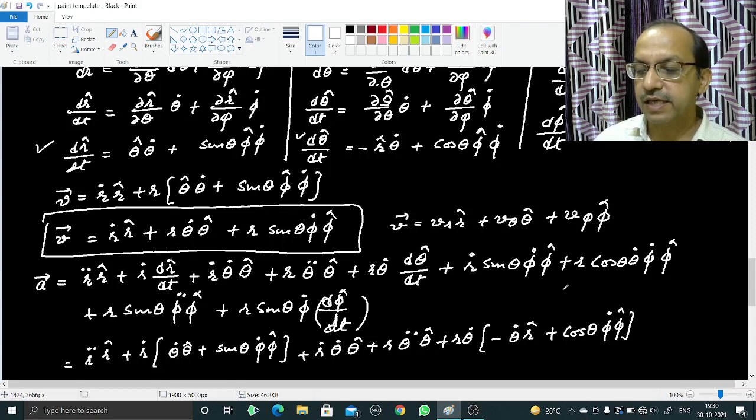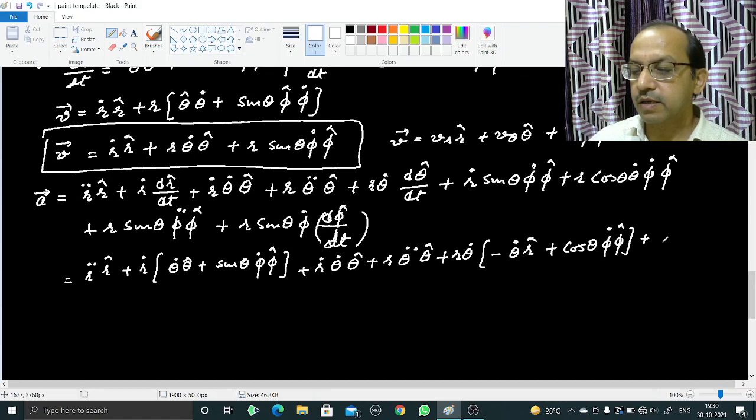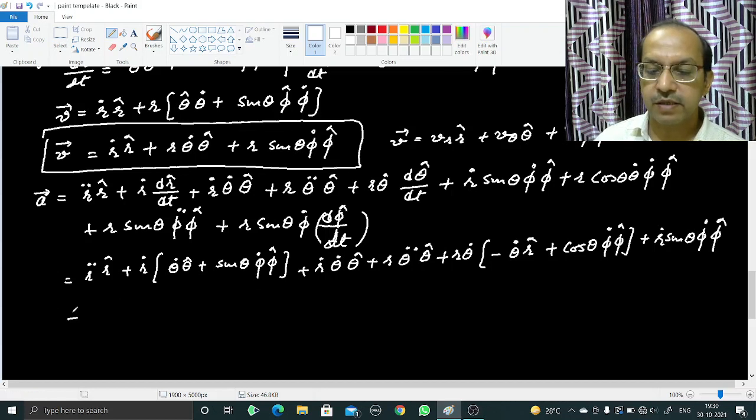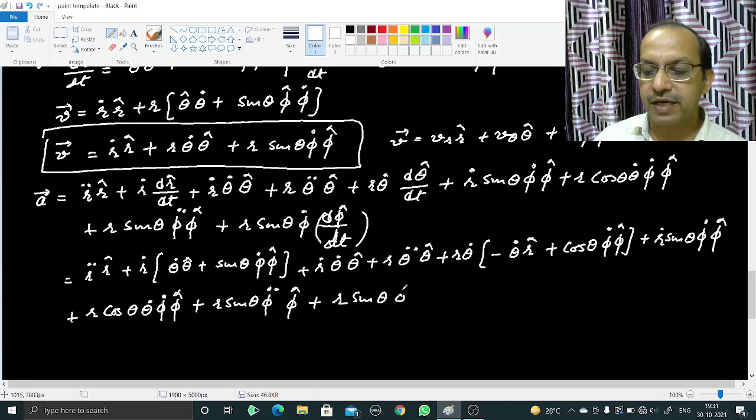The next term is r dot sin theta phi dot phi cap plus r cos theta theta dot phi cap plus r sin theta phi double dot phi cap plus r sin theta phi dot d phi cap dt.